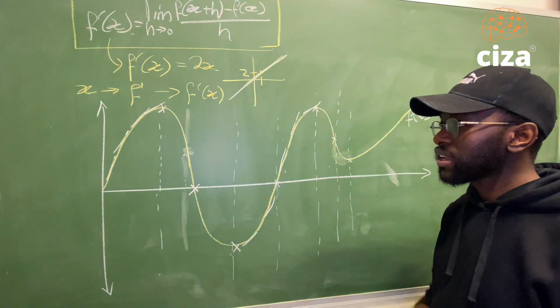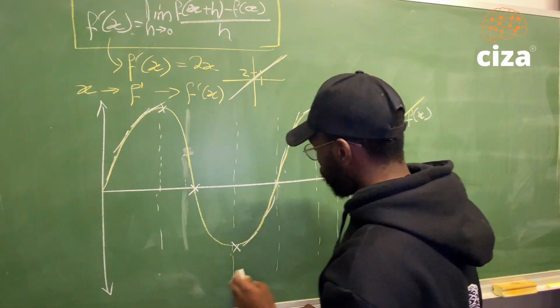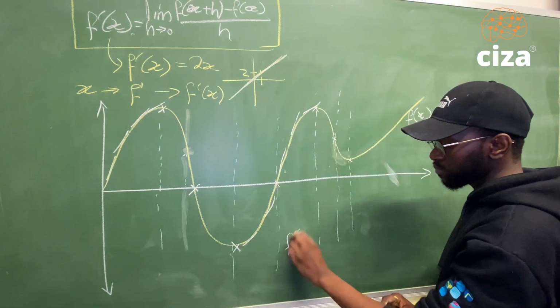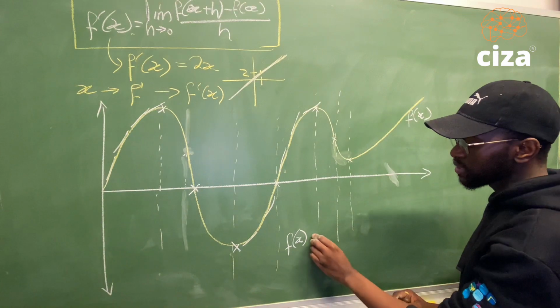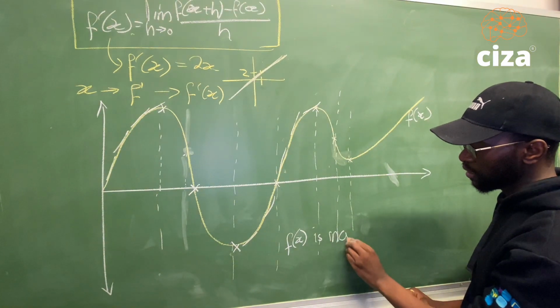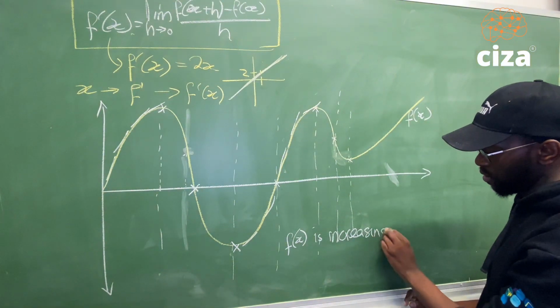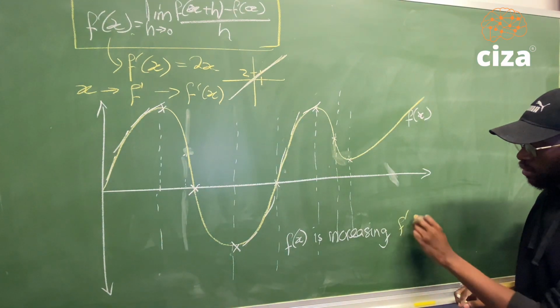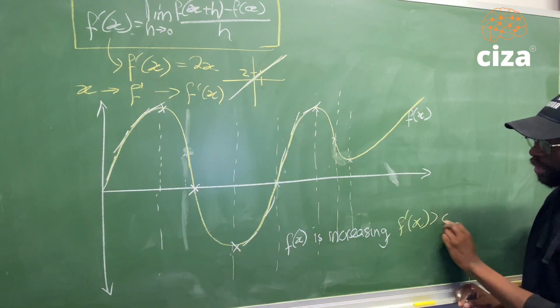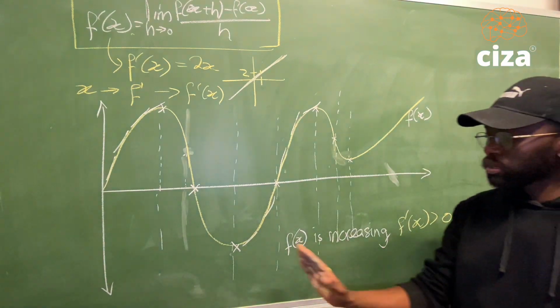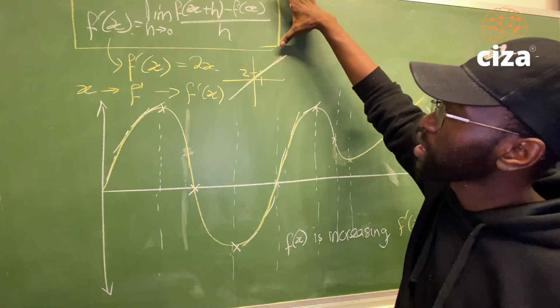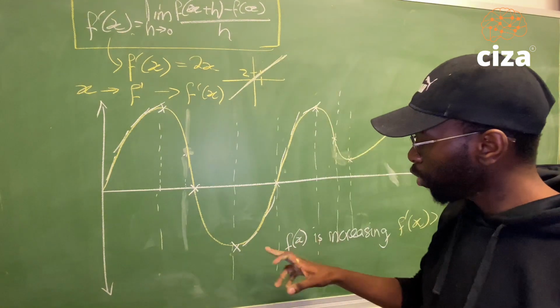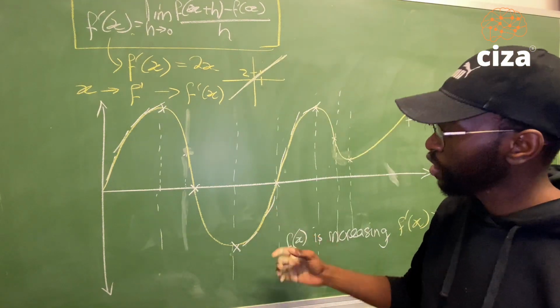So we can conclude that when f at x is increasing, the derivative function will have positive values, because remember that the derivative function is the slope at each point where the tangent touches.